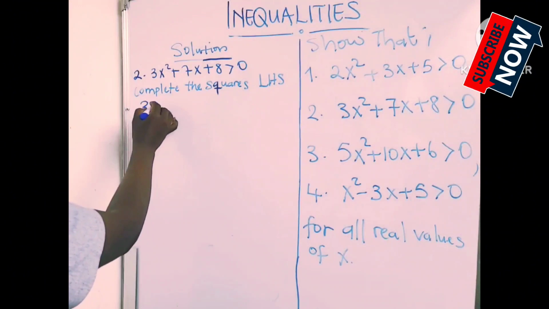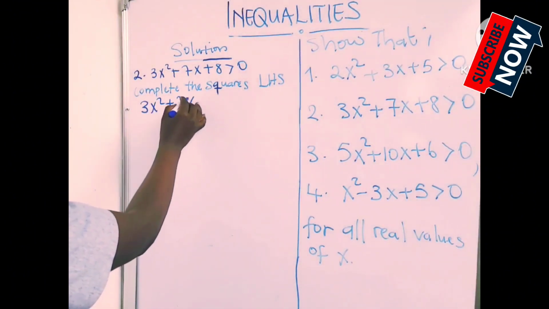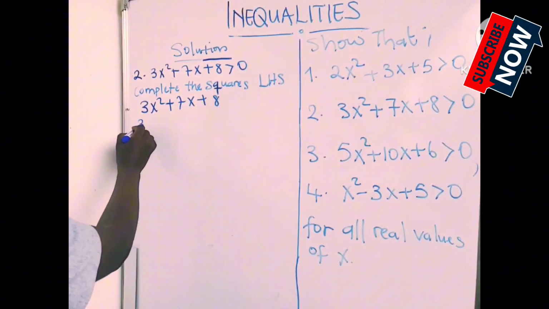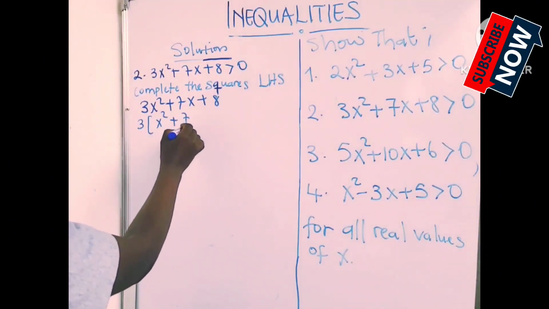In the next question, we are asked to prove that 3x squared plus 7x plus 8 is greater than 0. We will have to complete the squares on the left hand side.